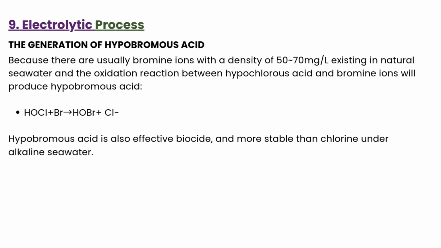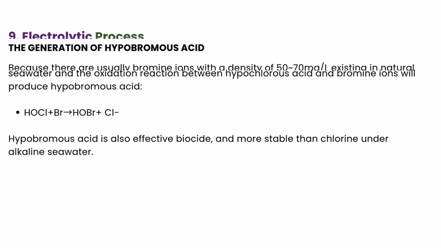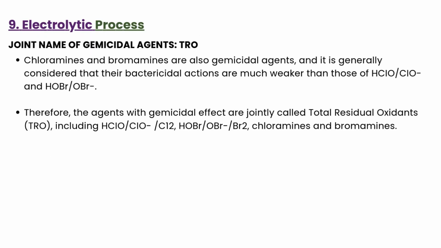Generation of hydrobromous acid: there is usually bromine ion with a density of 50 to 70 mg per liter existing in natural seawater. An oxidation reaction between hypochlorous acid and bromine ion will produce hydrobromous acid. The electrolysis process produces what is jointly named germicidal agent TRO.